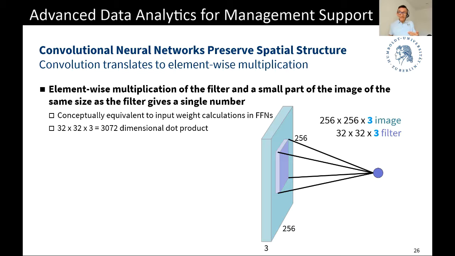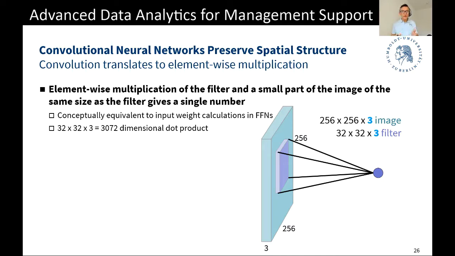And if you compare that to a feed-forward neural network, you have 256 by 256 pixels by 3 color channels. That gives you 196,608, I believe. I have written down the number here. No, I did not work that out in my head.